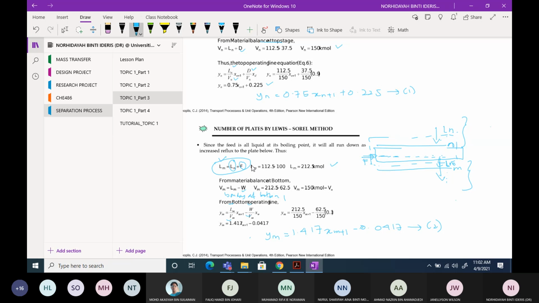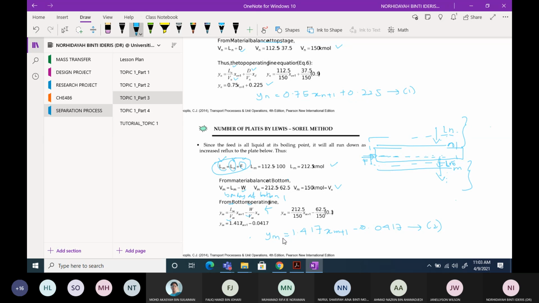You have Ln and F, so you know the liquid moving downward to the bottom part. From the material balance at the bottom, Vm is equal to Lm minus W, so we can calculate Vm. So we know the value of Lm and Vm. In order to have the second operating line, just put them inside this equation.